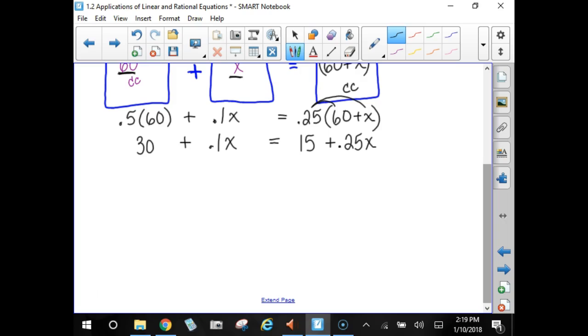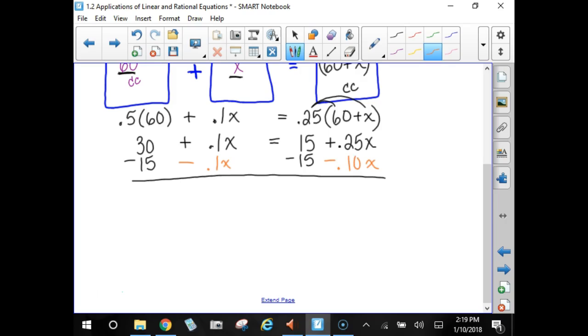To keep from having to deal with negatives, I'll subtract 15 from both sides, moving my constants to the left-hand side, and subtract 0.1x from both sides. That'll keep me from having to deal with negative amounts in my problem.